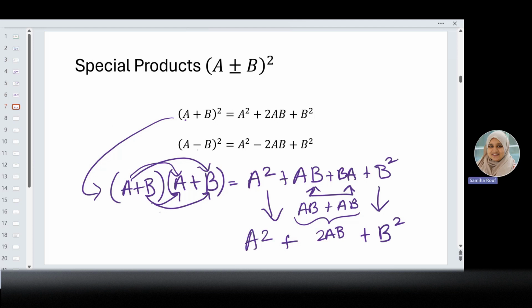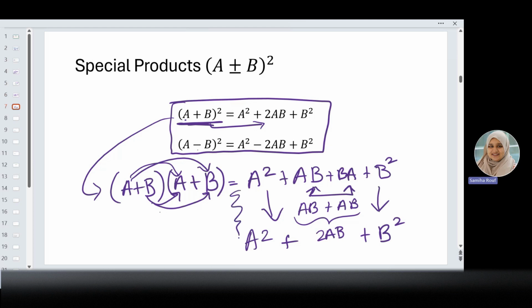And so a lot of times you can just memorize this formula. Anytime you see this, you could just jump to this step without having to do this extra step. Do you have to memorize it? Not really. If you see, let's say, 3x plus 1 squared, you can still split this into 3x plus 1 times 3x plus 1, and then FOIL or do the binomial distribution as you would.